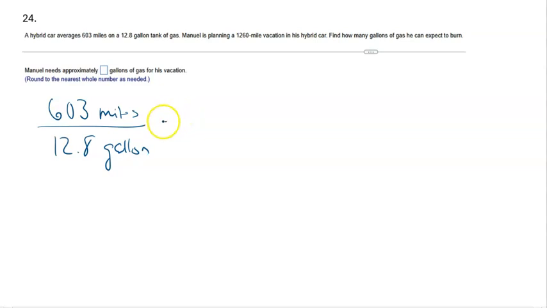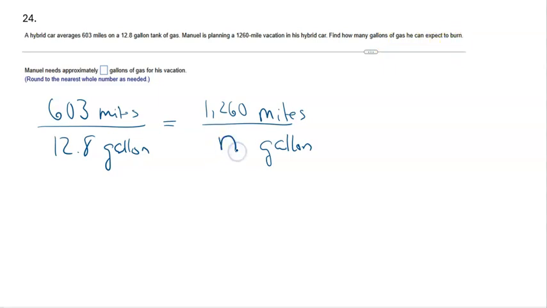So when you set up your proportion, always remember the same units go in the same location. So if miles is in the numerator and gallons is in the denominator, it is absolutely required over here for miles to be in the numerator and gallons to be in the denominator. Okay? And then go back and read what you have. It's planning a 1,260 mile vacation. So I have 1,260 miles, but I don't know how much gas, so I'm just going to call that n.